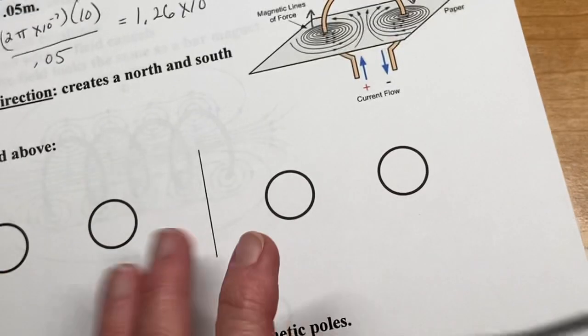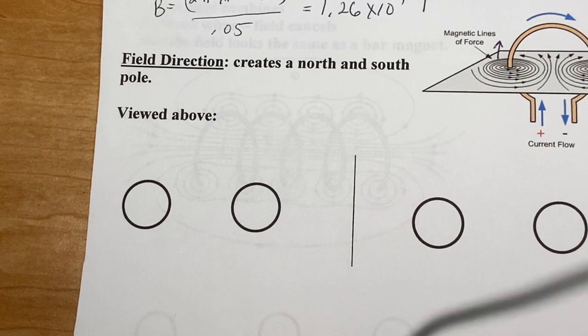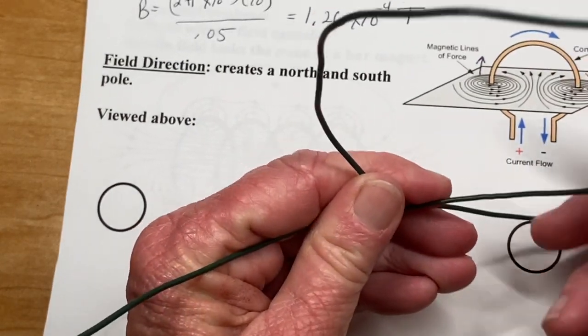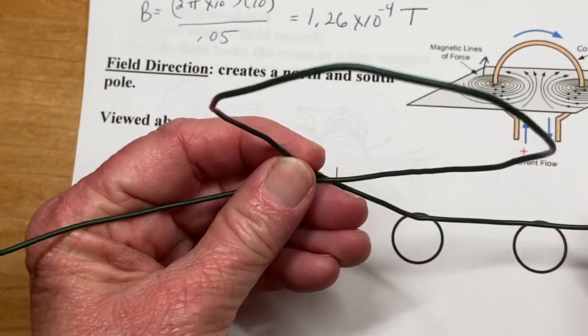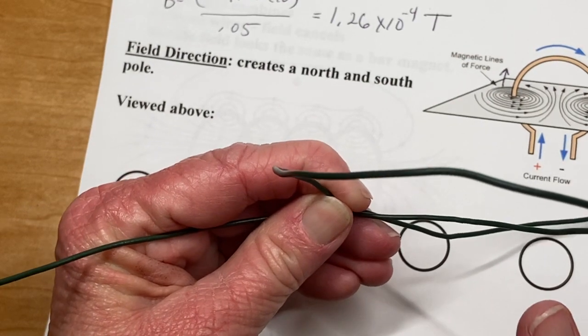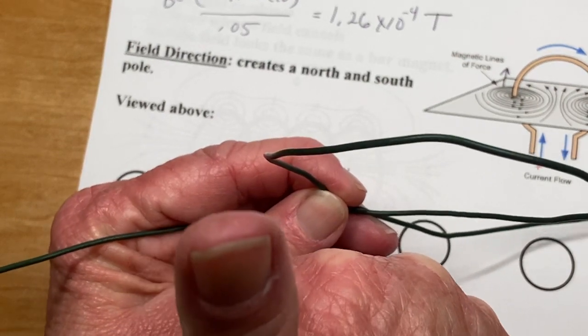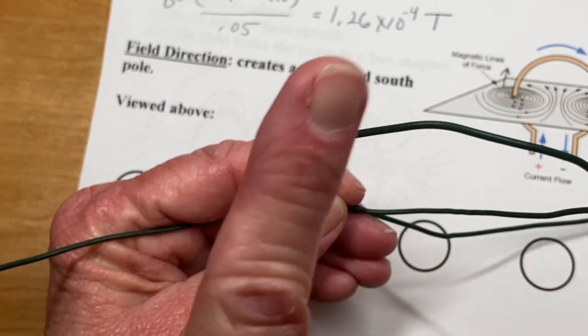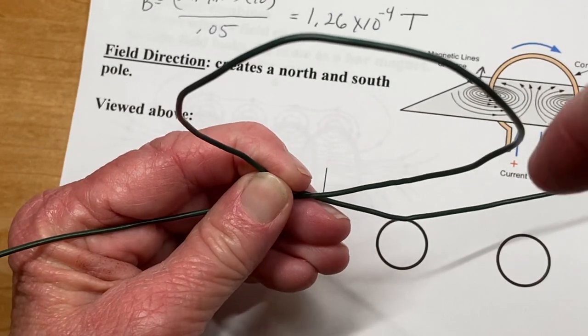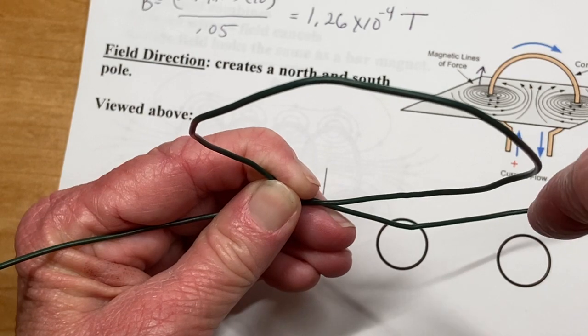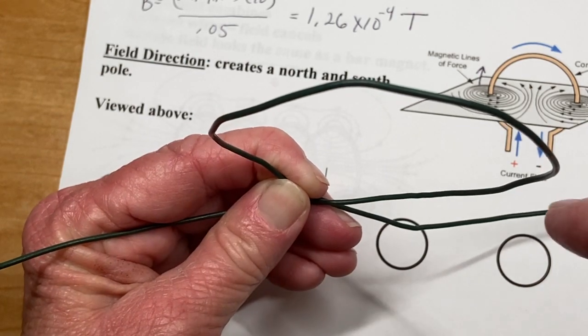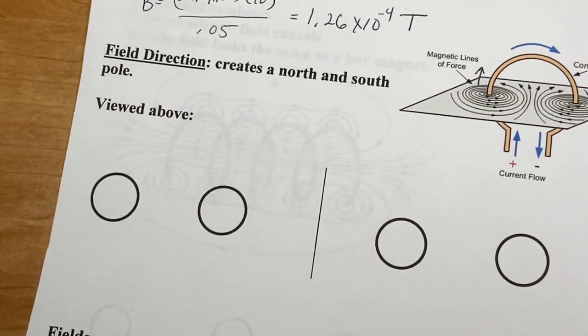So instead, excuse me for a second, I'm going to take my little loop of wire and put it in front of the camera so you can see it. We're going to look at it from the top view. So if current is coming up, it's coming at me, that's a dot, and it goes over and goes down the other side, that means it's going away from me. Dot is up, X is going away, is down.